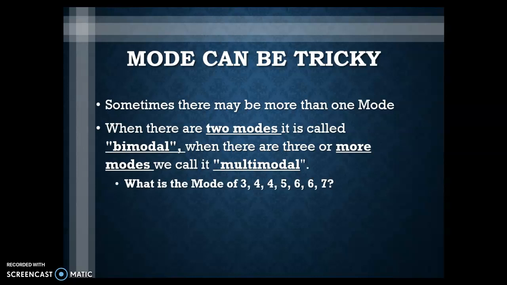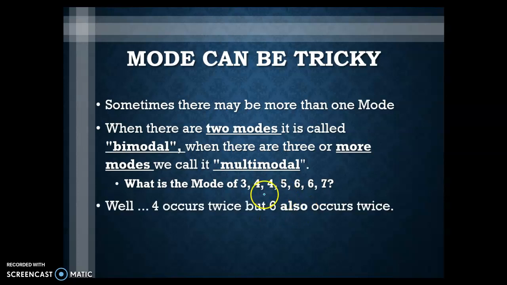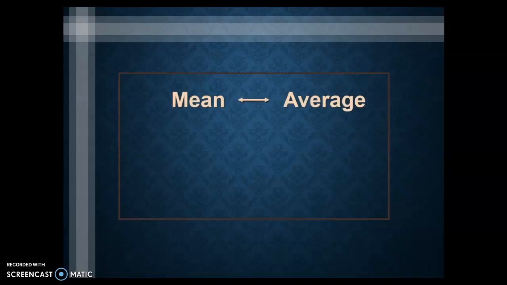If you take a look at this set of data, 3, 4, 4, 5, 6, 6, 7, you see that both 4 and 6 occur twice. So they are both modes. They're the ones that appear the most, and so we call this bimodal. So just be careful. There can be more than one mode. There cannot be more than one mean or median. There is just one of those.